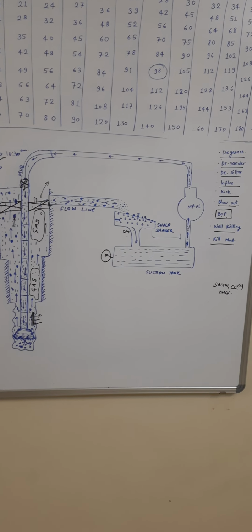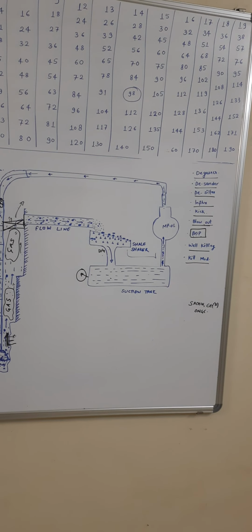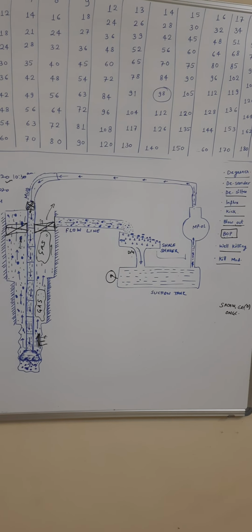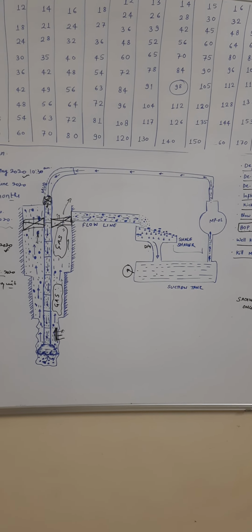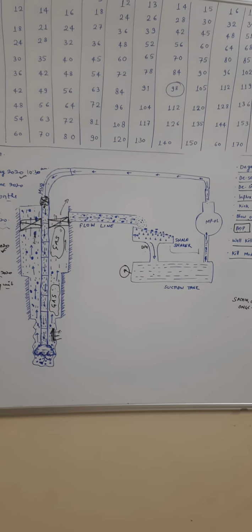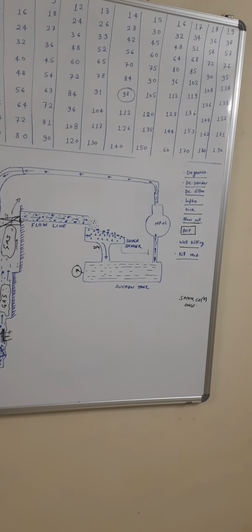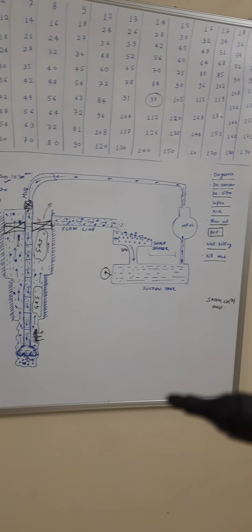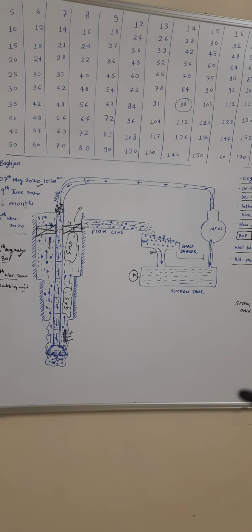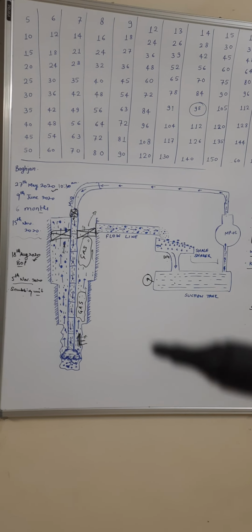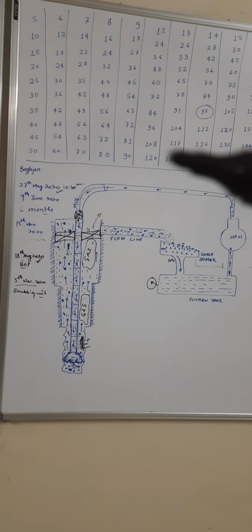There are different equipment to remove this gas if it is in a small quantity, but if it is in a large quantity, then we cannot remove it by the degasser. Influx is just what entered. Kick is when it just entered. Blowout is when this influx reaches the surface.